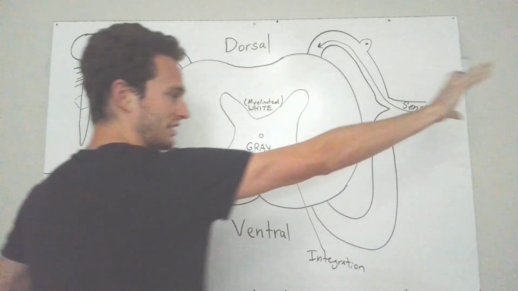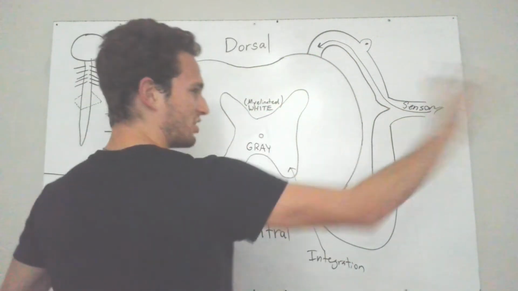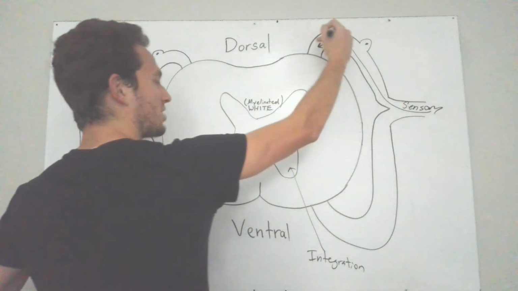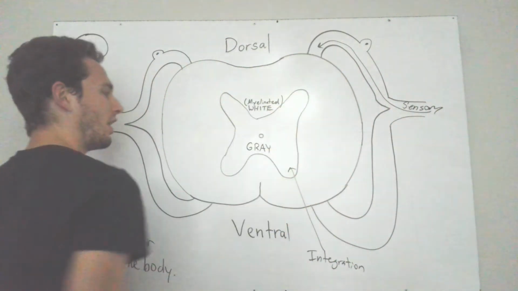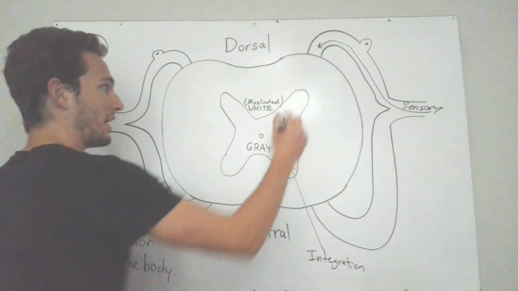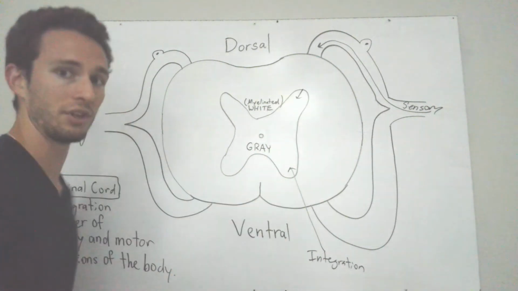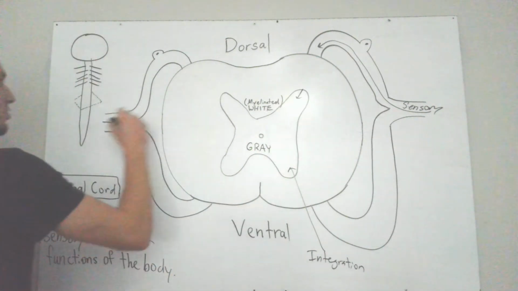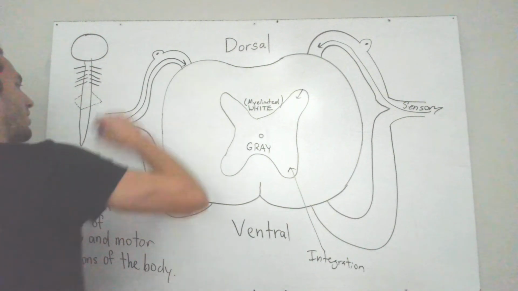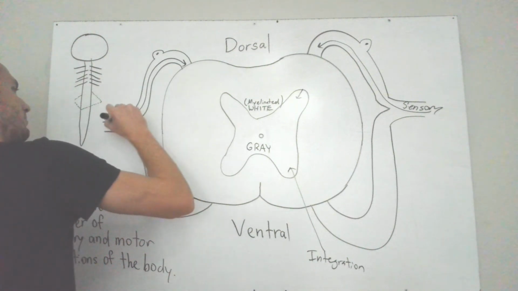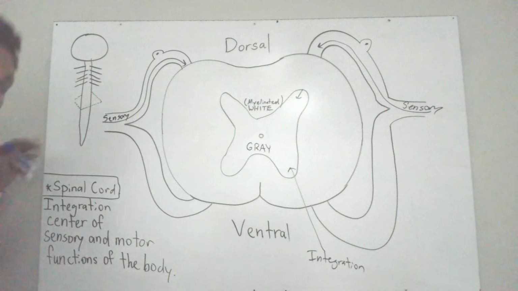So they'll have some sort of dendrite extension out there, receive a signal, send its axon back towards the gray matter to integrate the information, and then it'll do something cool. So whenever you have some sort of sensory stimulus, it comes in from this dorsal aspect of the spinal cord. So sensory neurons coming in.